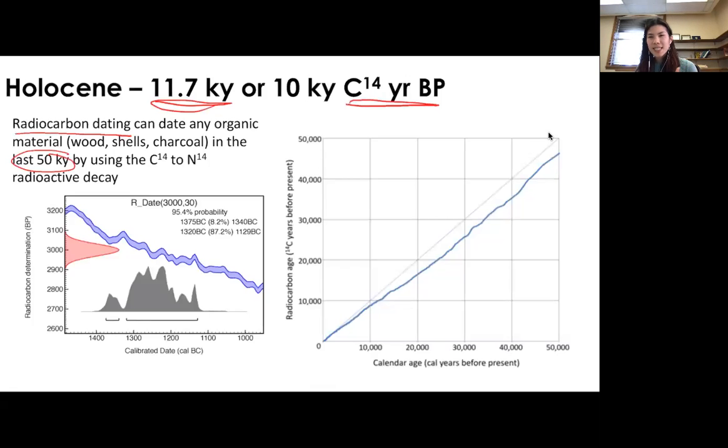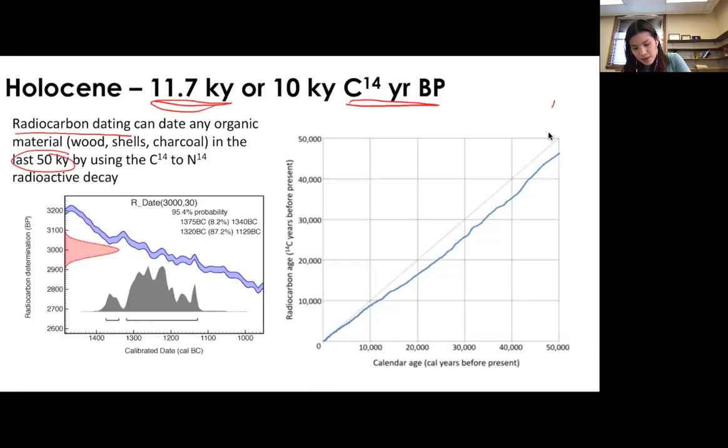However, this calibration isn't exactly 1-to-1, and so that's how we end up with this mismatch between 10,000 years in carbon-14 years before present and 11.7 thousand years in actual years before present. And these diagrams on the bottom just show that mismatch.